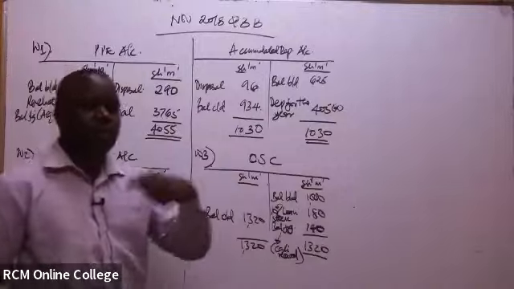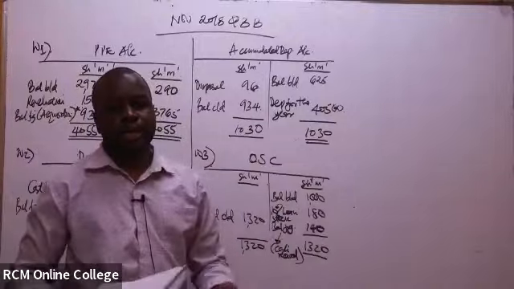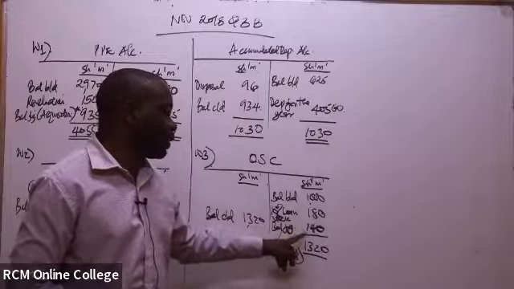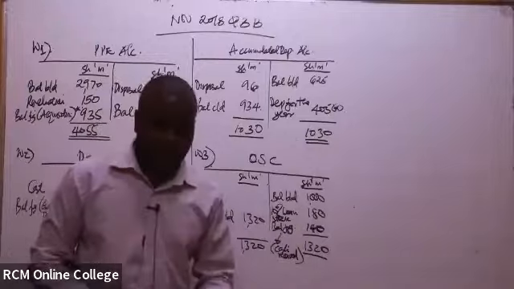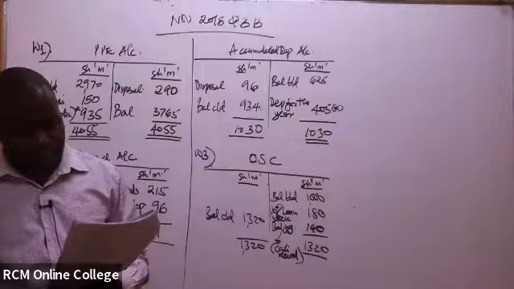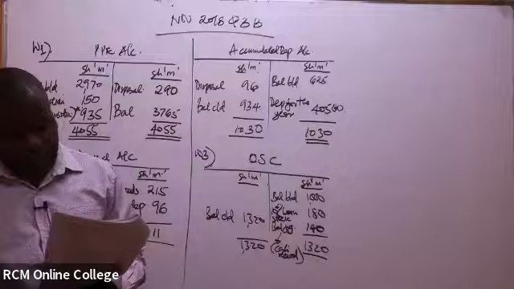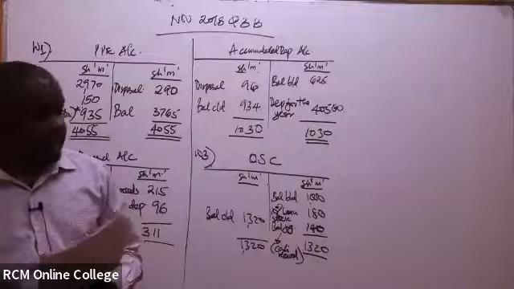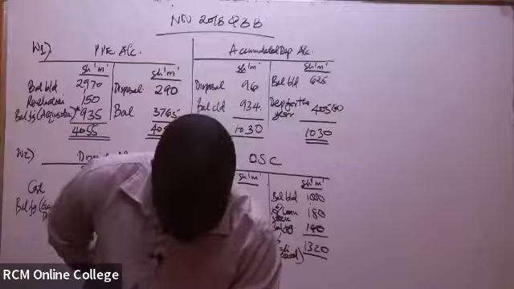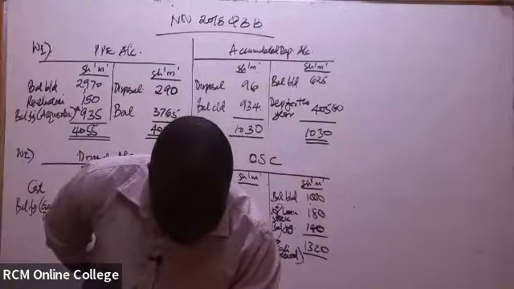It was just a loan they converted. So that can't be a real inflow of cash. So we credit here so that we can know the balancing figure, which is the part of the ordinary share capital that was actually received in terms of cash. So that is what you'll be able to get there. That's basically how you deal with that.